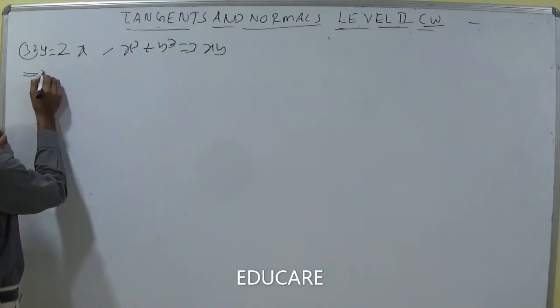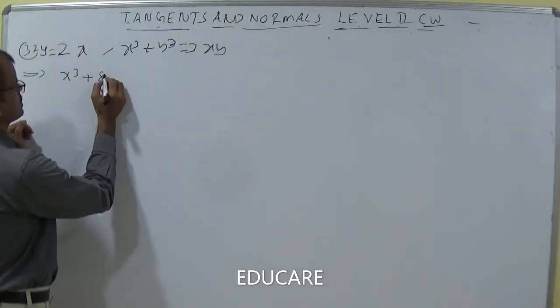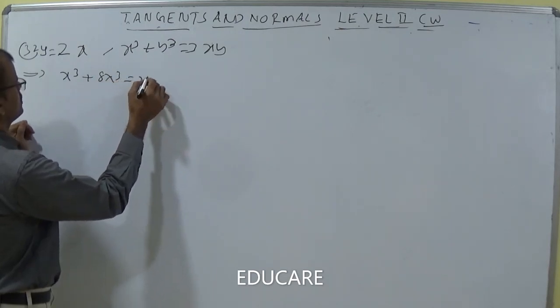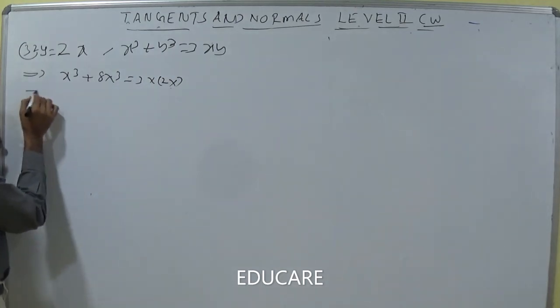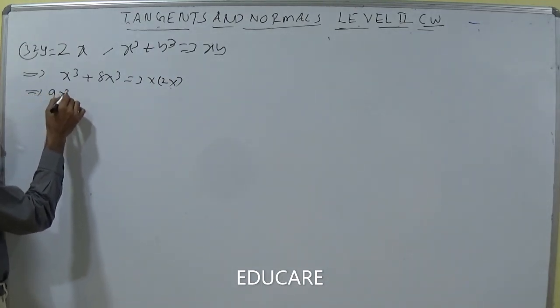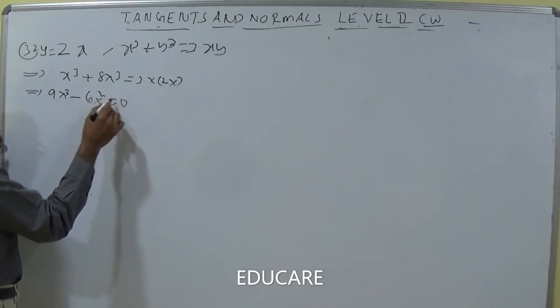Y is equal to 2x. Substituting, x cube plus 8x cube is equal to 3x into 2x. So you can write 9x cube minus 6x square equal to 0.